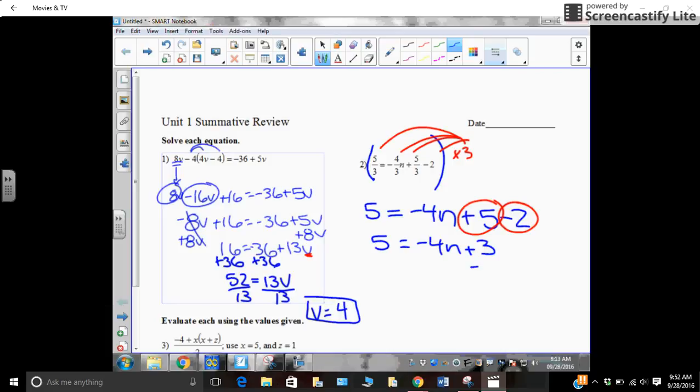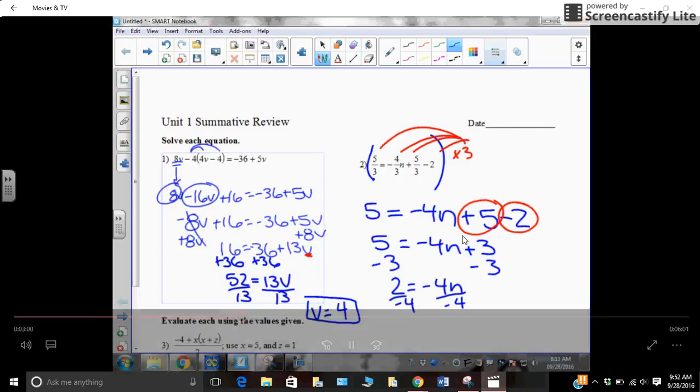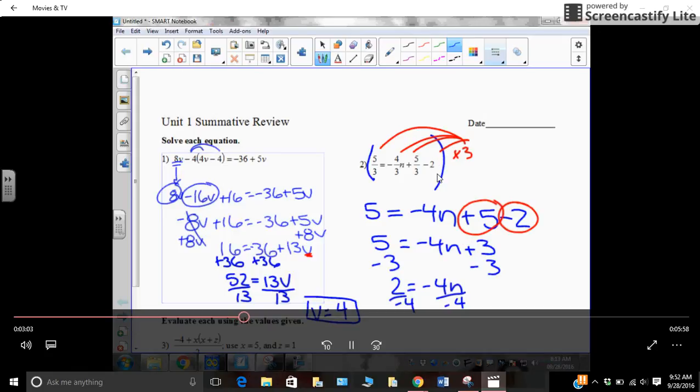And then I'm solving for n. So the first thing I want to do is subtract 3. And then divide by -4. Oh wait, this is the one that I made a mistake on during 1, 2. So you can see I forgot to distribute 3 to -2.